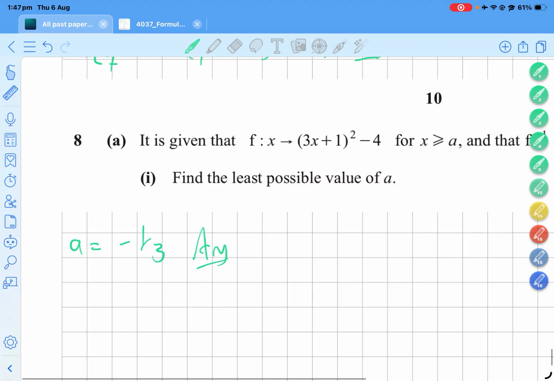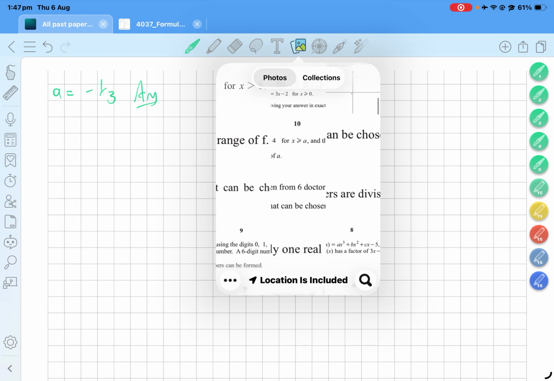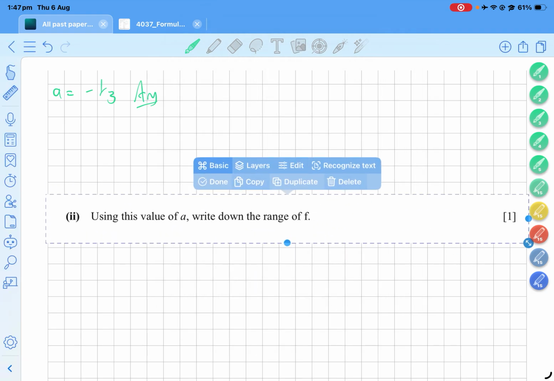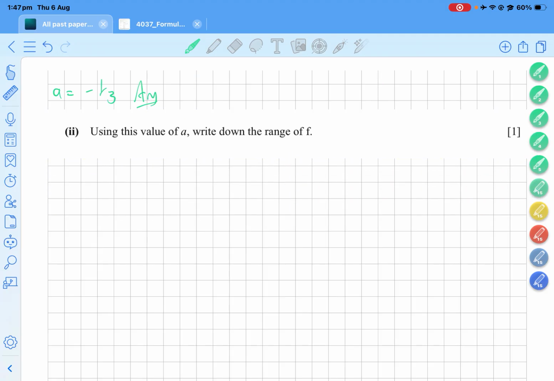The simplest way was to just, since we had minus 1 over 3, I mean, why did I teach you that if it's of no use for you? Using the value of a, write down the range of f.